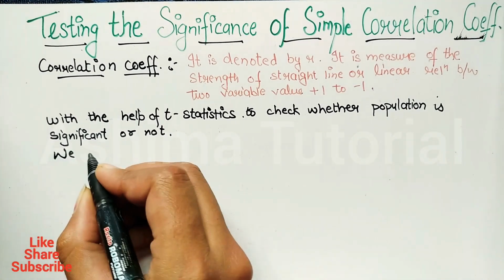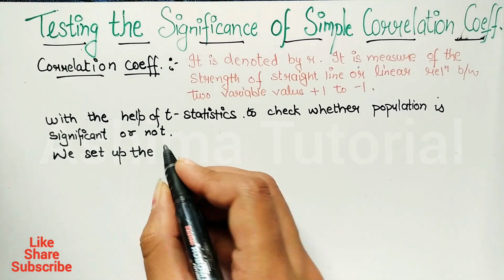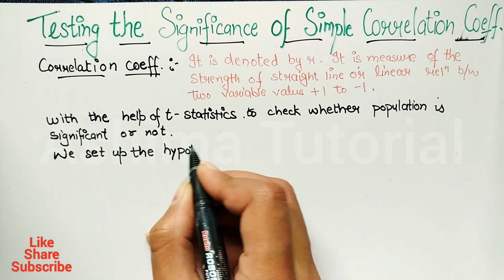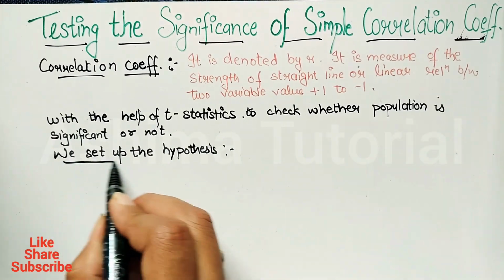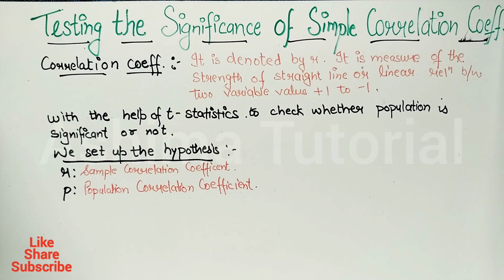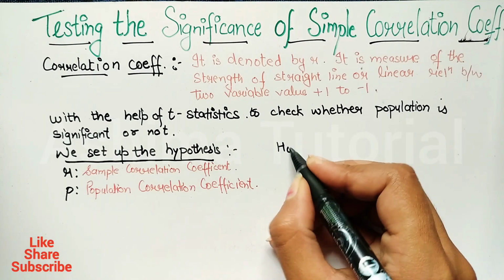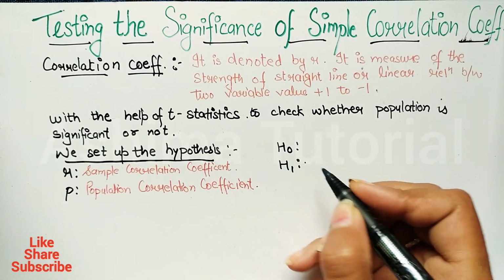Now, we set up the hypothesis, where r is sample correlation coefficient and rho is population correlation coefficient. Now null hypothesis and alternative hypothesis.